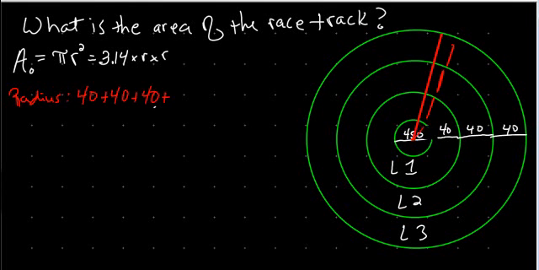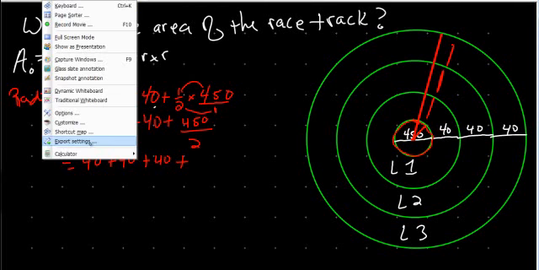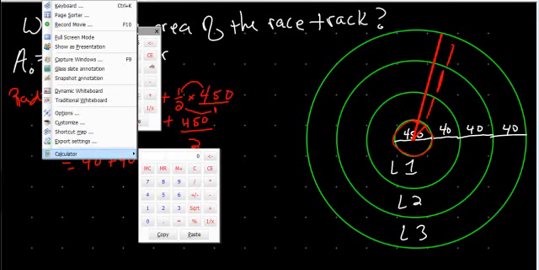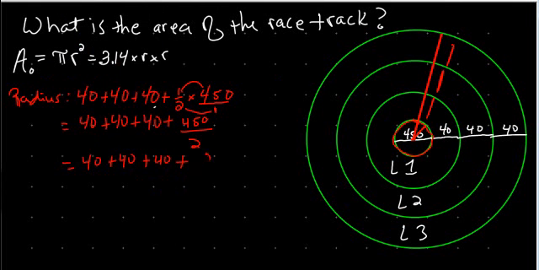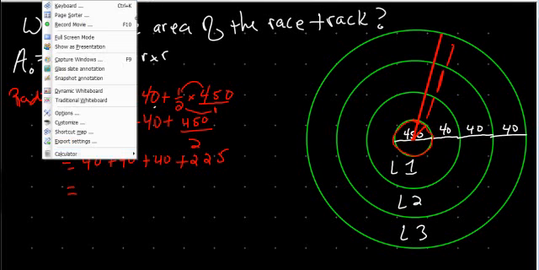That equals 40 plus 40 plus 40 plus, and let's get the calculator out. Tools, calculator. 450 divided by 2 is 225.